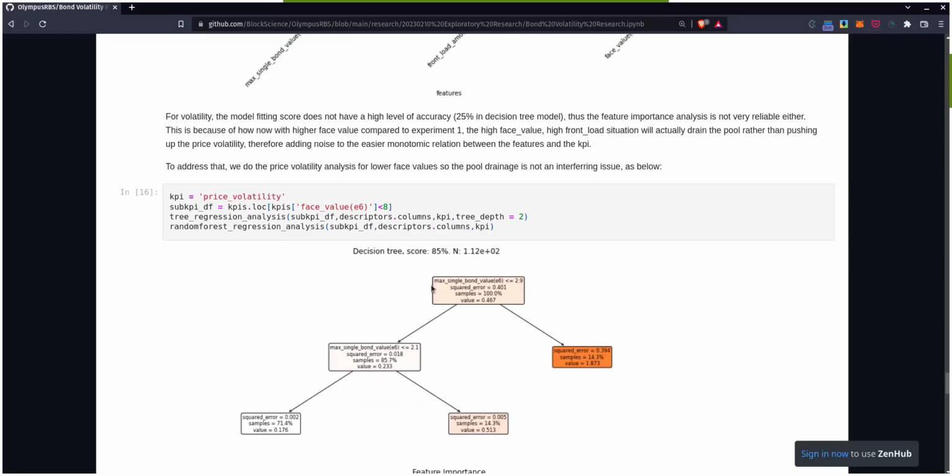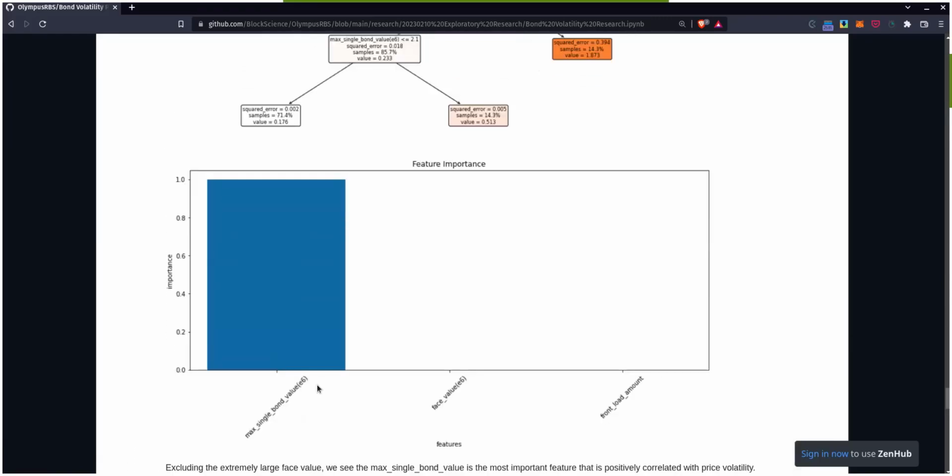And we can see this is the most decisive parameter for the price volatility too, meaning when the max single bond value is smaller than certain amounts, that will cause a smaller price volatility, versus when it's higher, the price volatility will also be higher. We can also see from the random forest regression analysis that the max single bond value is the most determinant feature for the price volatility.